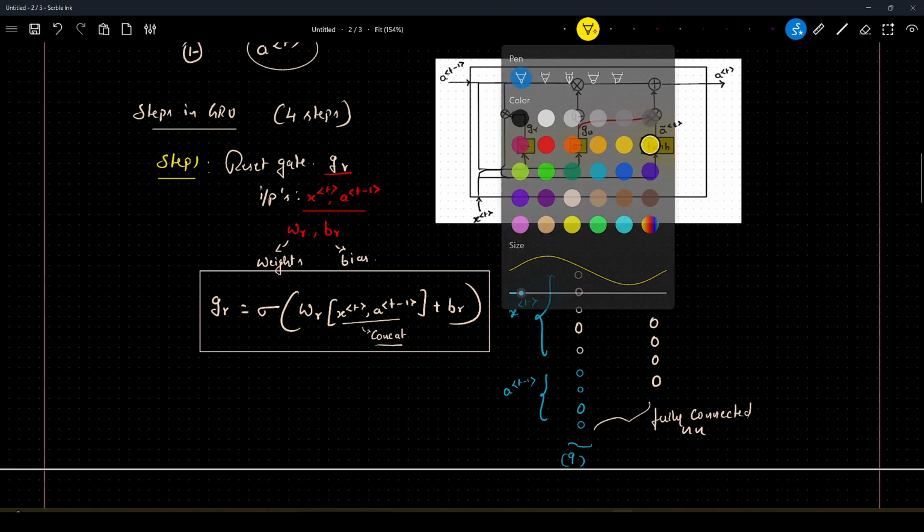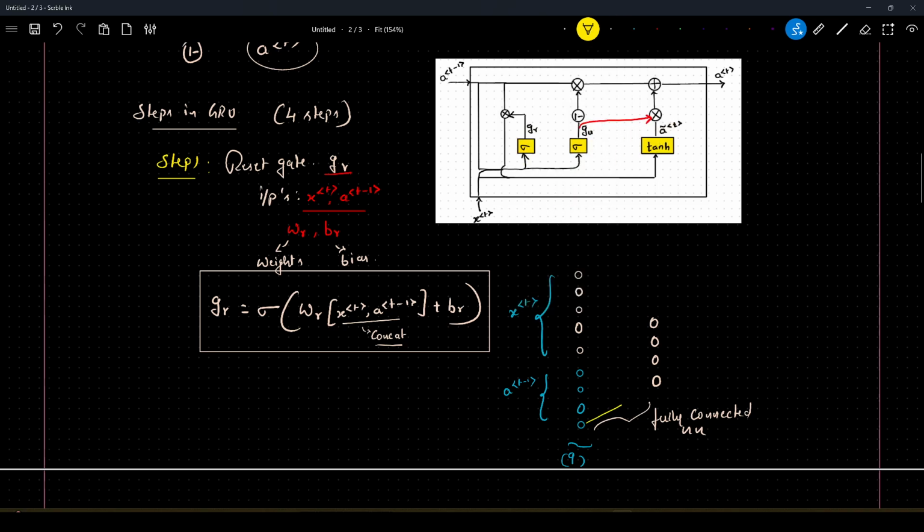If I just draw the connections, I'll draw it for one. You can make out the rest of the neurons from input to this hidden layer. Like this, the connections will come from all the neurons to all the neurons in the hidden layer. You can draw the rest.